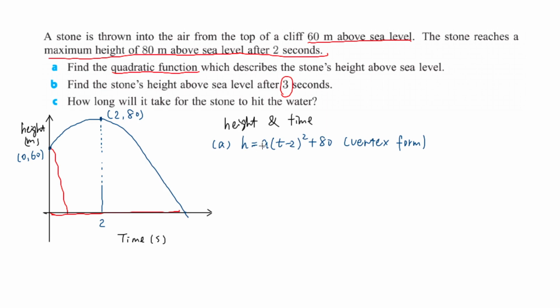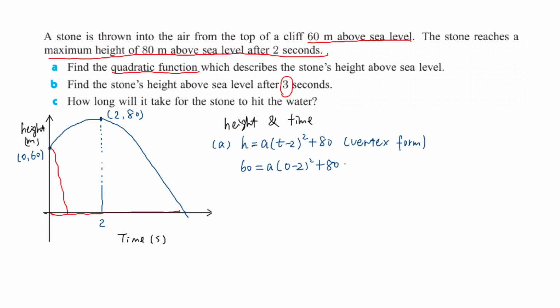We can substitute another point which lies on this parabola. Here we have the point (0, 60). So we substitute t equals 0, h equals 60 into this quadratic function. So 60 equals a times (0 minus 2) squared plus 80.